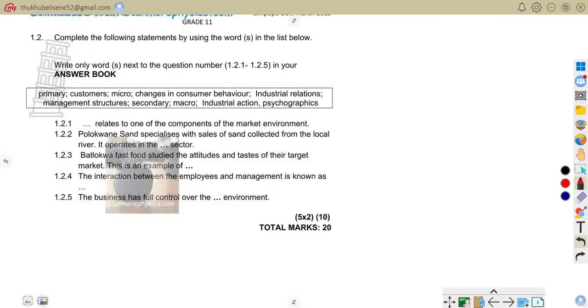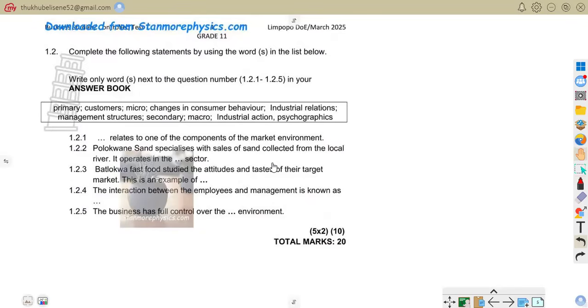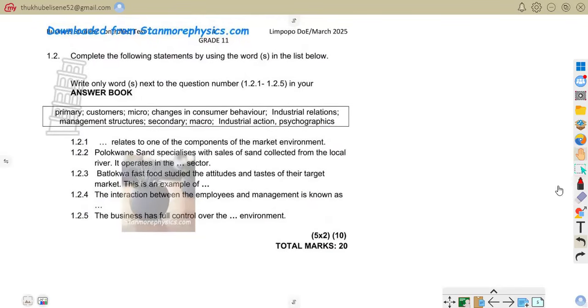Here we are on 1.2. It says, complete the following statement by using the words in the list below. We're going to use these words that are in this list.